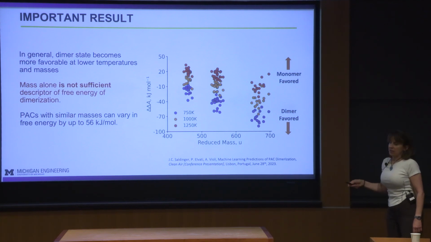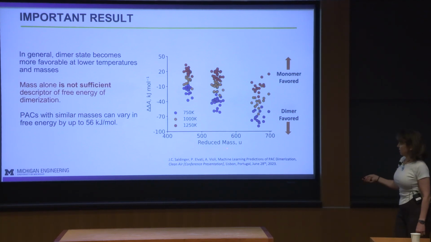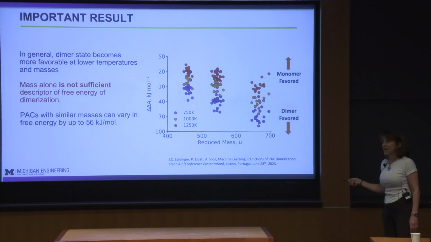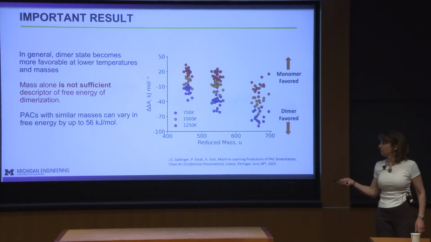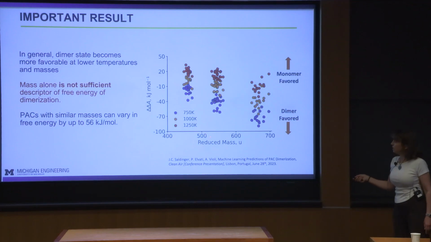So the graph here shows this. If I take reduced mass, that is the concept that you're familiar with, and I plot all my simulations at different temperatures. So blue is 750, orange is 1,000, and red is the higher temperature.